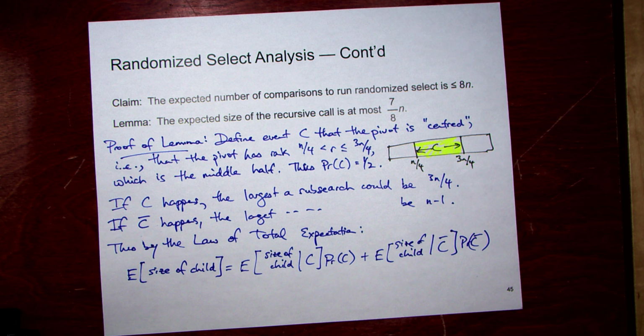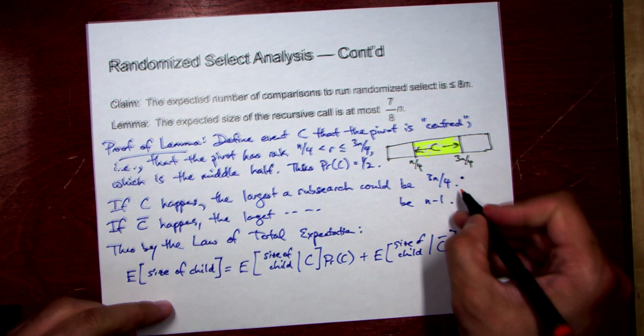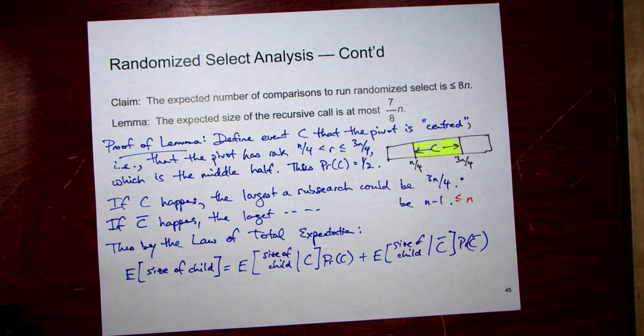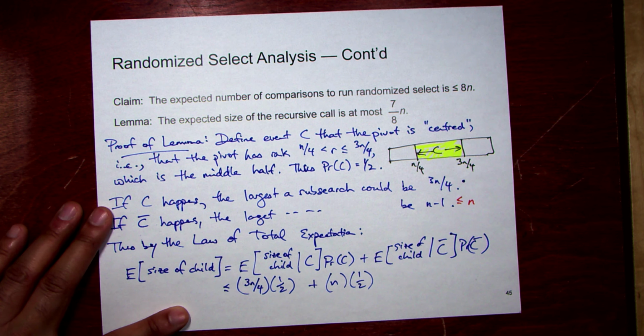This is bounded above by 3/4 n. This one is bounded above by n just for simplicity. So this is less than or equal to 3n/4 times a half for each of those pieces, and over here it's n times a half. You add those together, and you get 7/8 of n.